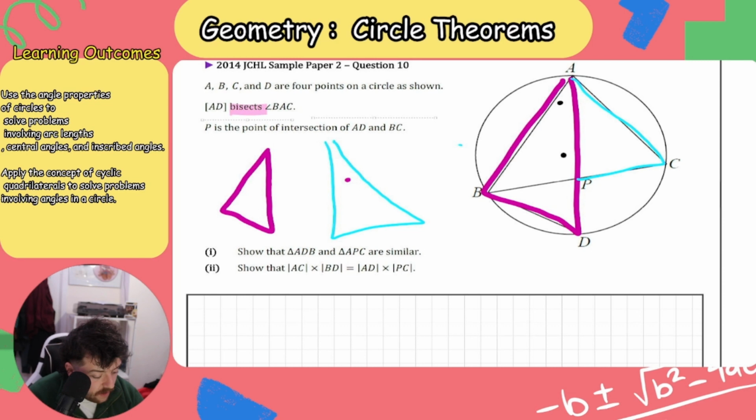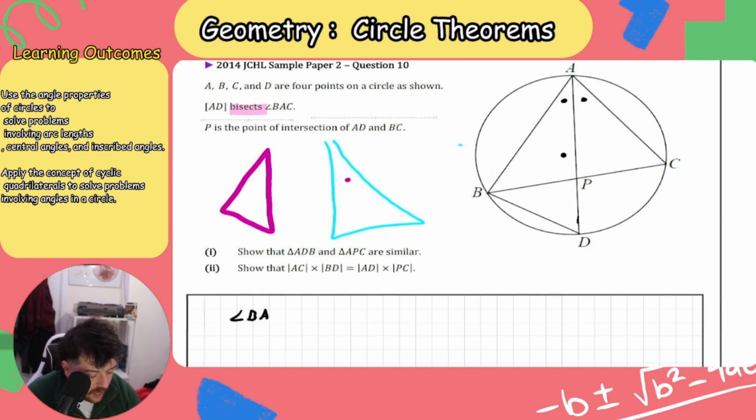So therefore, this angle has to equal this angle because AD bisected it, cut it in half. So that's one sorted. I've proven they are equal to each other because it's bisected. That's given to us. So angle BAP is going to be equal to angle PAC because it's given in the question.